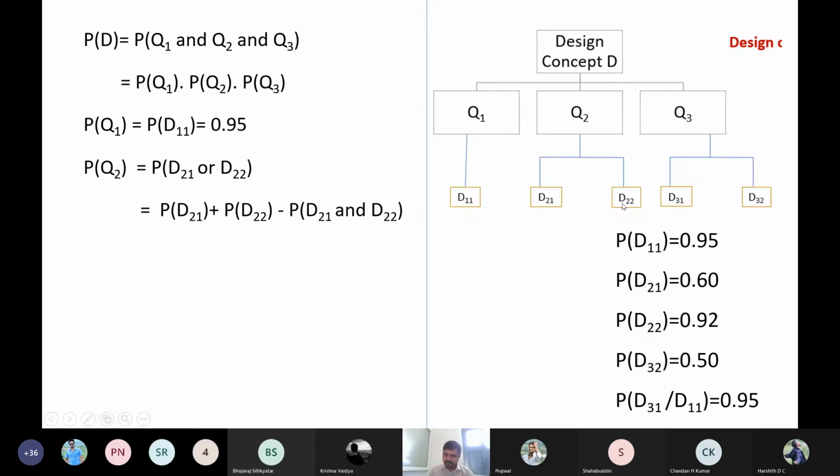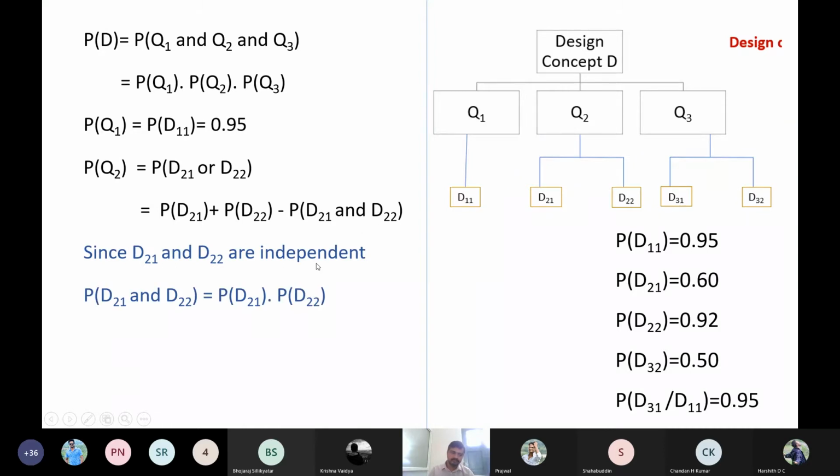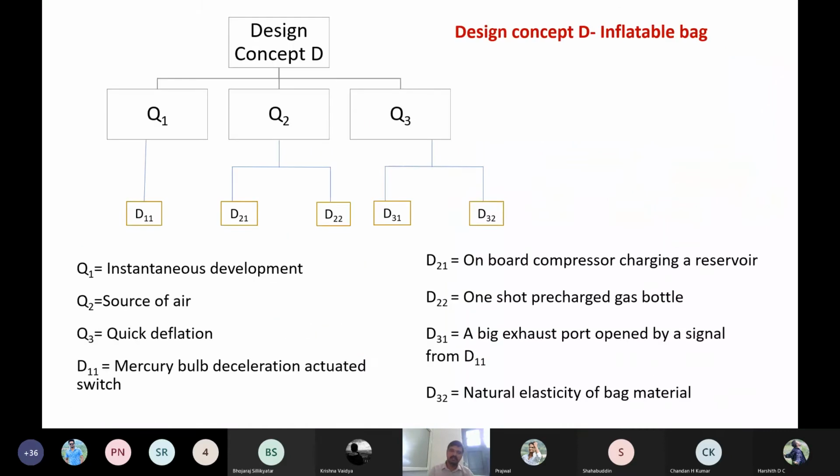These two are independent, so you make use of this equation and substitute the values. P of Q2 equals P of D21 plus P of D22 minus P of D21 and D22. For this case they are independent, because D21 and D22 are not related; they are separate solutions.